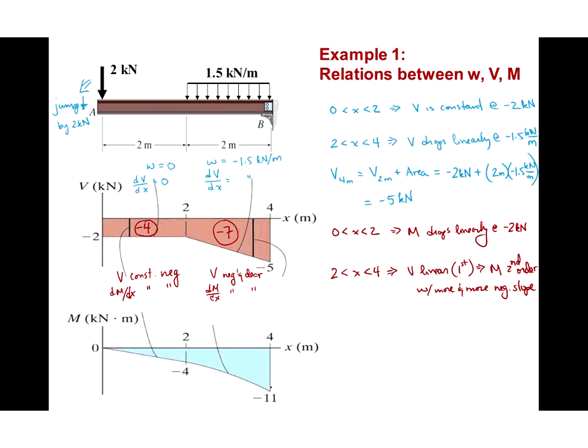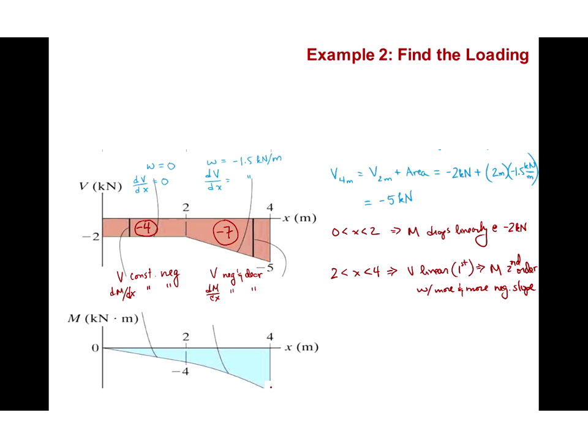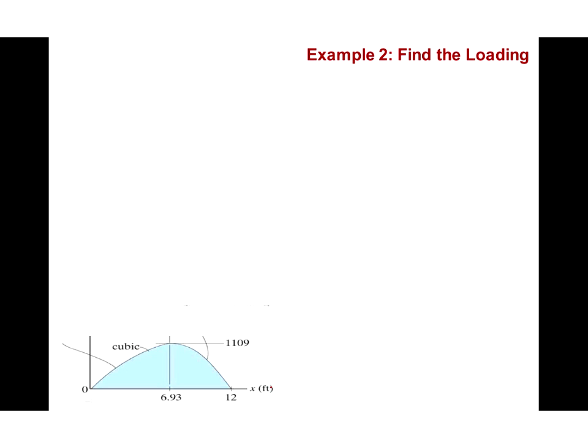Okay, so let's take one last example, and this time let's look at things in reverse. So let's imagine that we know the bending moment diagram, and we want to try to deduce the shear force diagram and the loading. So here we see first off that M is cubic, or in other words, third order.